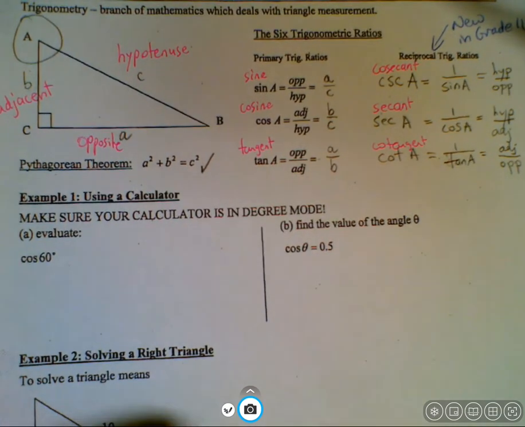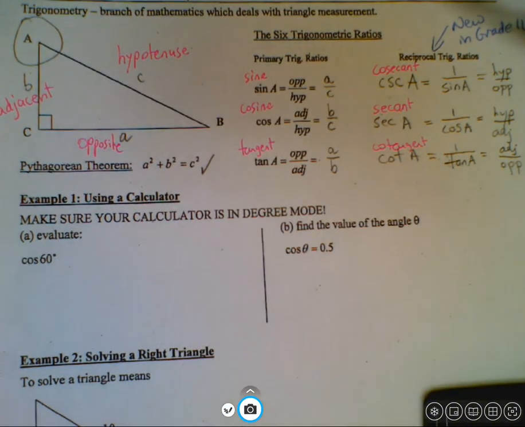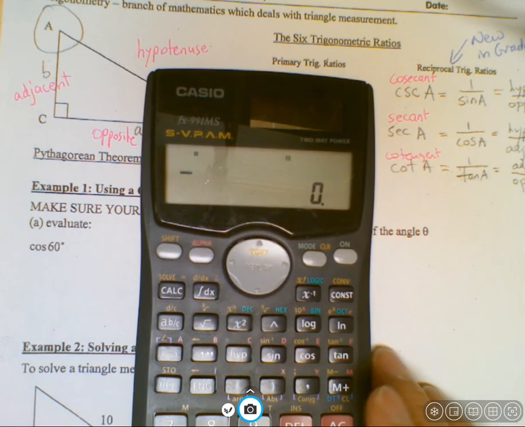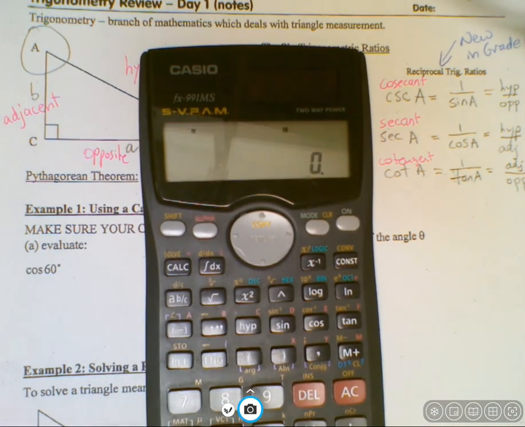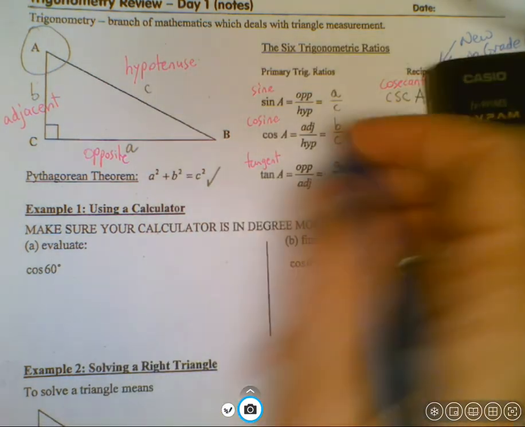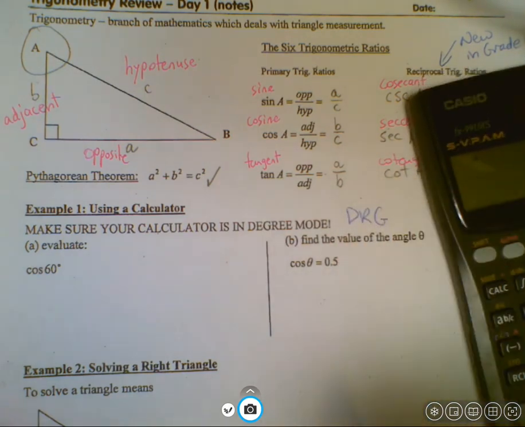Okay, so how do you evaluate these things with the calculator? Sine, cos, and tan are functions that act on the angle. So the first thing it says here, make sure your calculator is in degree mode. Calculators are different, and there's different ways of changing the mode. Some calculators have a button called DRG.